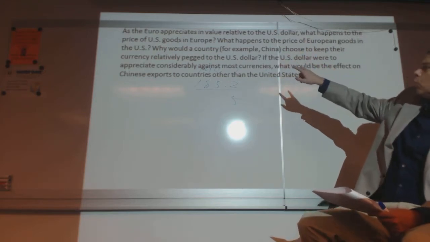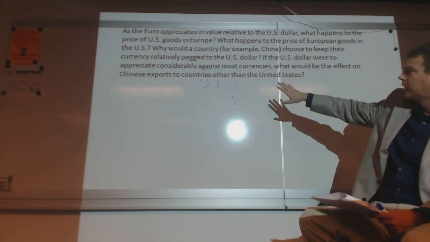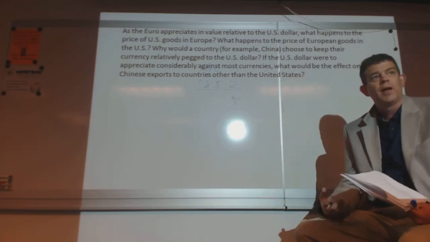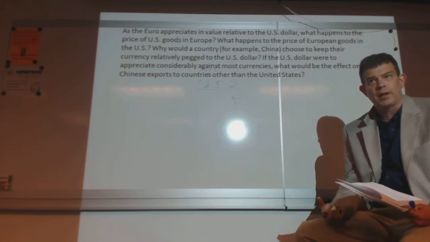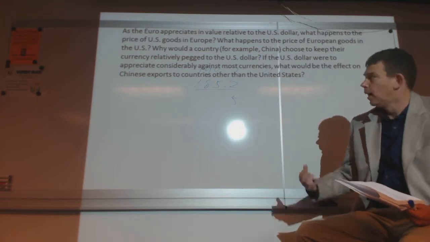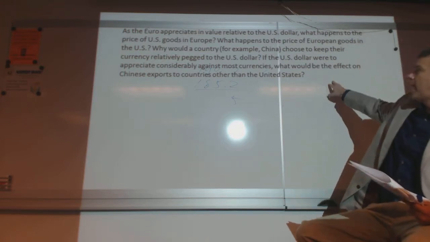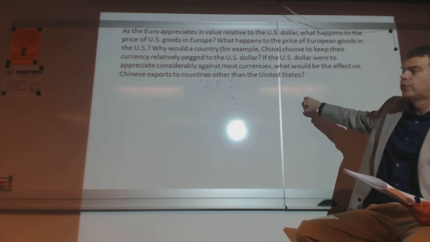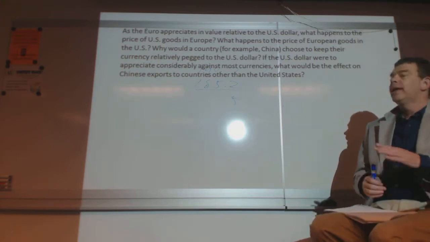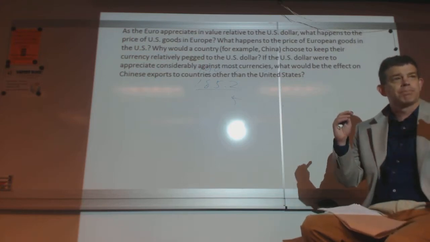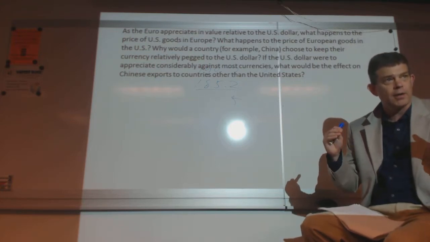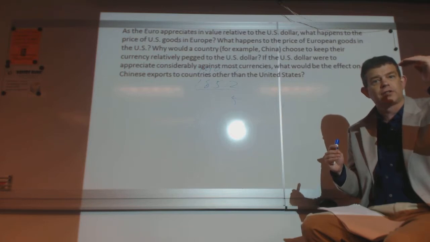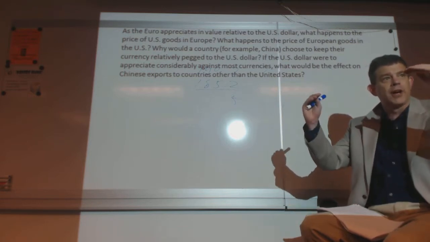If the US dollar were to appreciate considerably against most currencies, so once again, if the dollar is appreciating, how will that impact the effect of Chinese exports to countries other than the US? First, if China keeps its currency pegged to the US, and the US appreciates its currency, what happens to the Chinese currency?